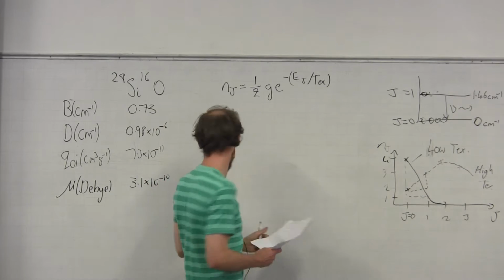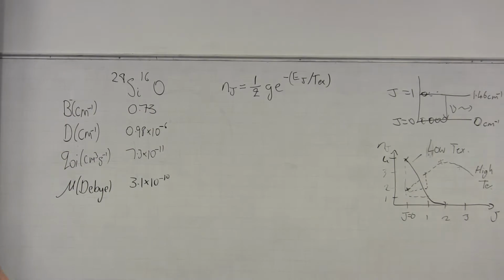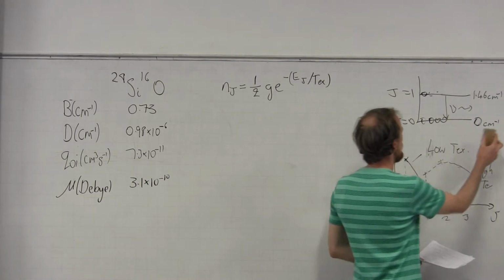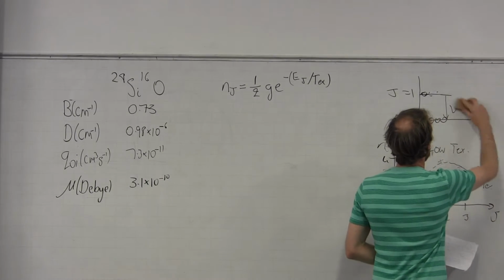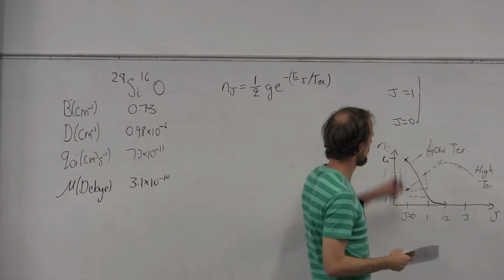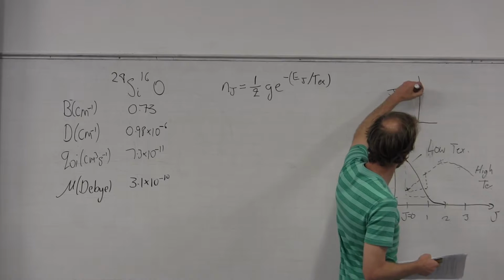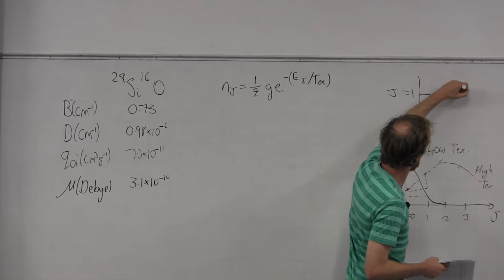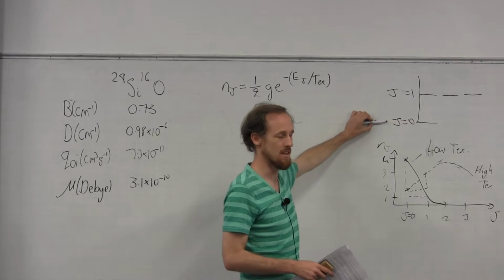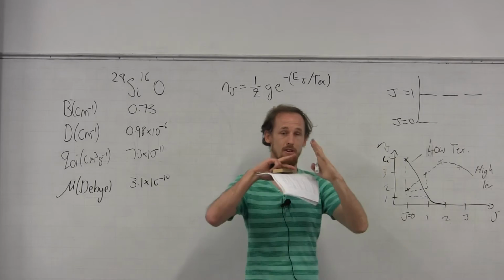And that's the part which maybe I didn't explain so well, because this picture is not completely accurate. I'm going to draw it again, sorry about that. I should really draw it like this. If a molecule is in its J equals 0 state, it's not rotating.